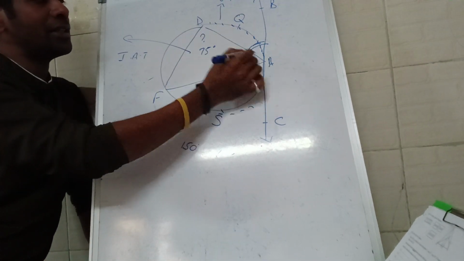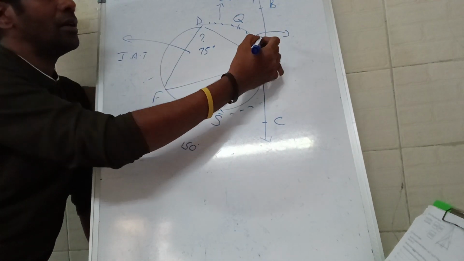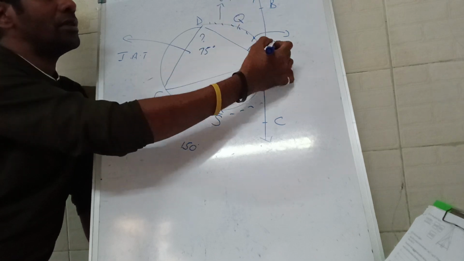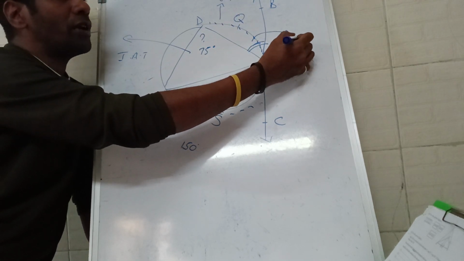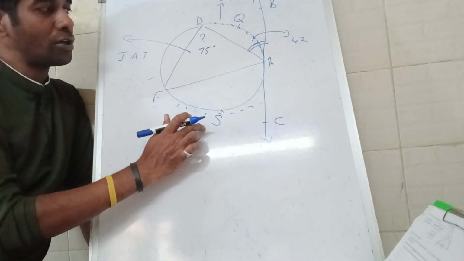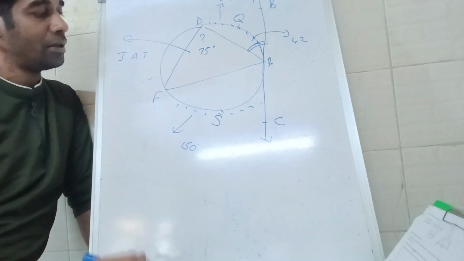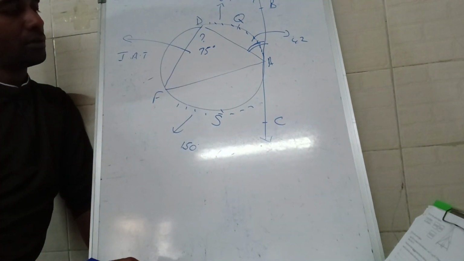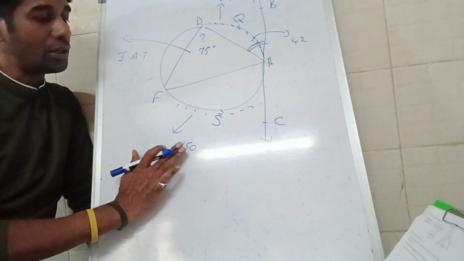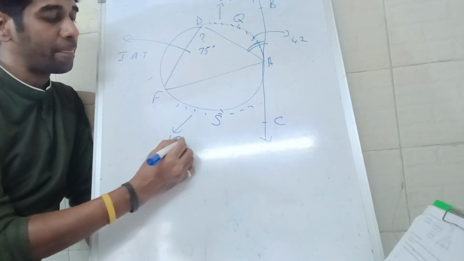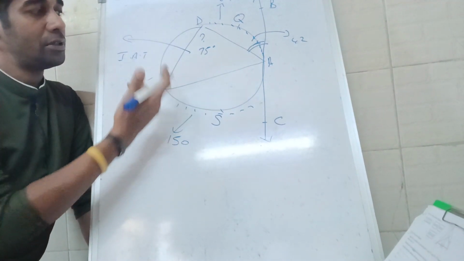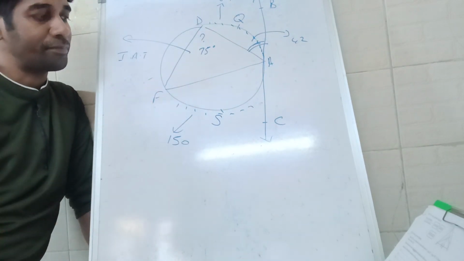And this is a tangent, this is a secant, so this will be half of 84, that will be 42. Here this is twice of FDA, so this arc will be 150. Here, sorry, this was given as 150, so this angle will be half, that is inscribed angle.